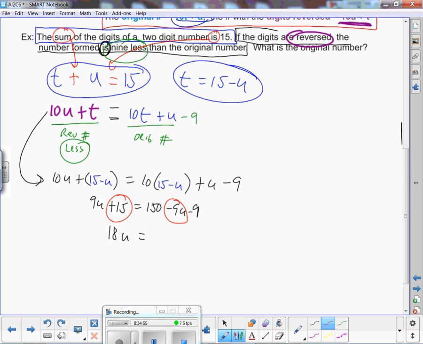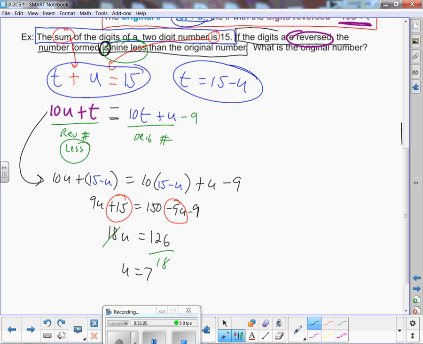Add a negative 15 to the right, plus the negative 9 is negative 24, plus the 150 is a 126. All right, let's finish off by moving that 18. And when you take 126 and divide it by 18, you get 7. Okay, I just found out that the units digit is 7. So this number's like 97, 87, 77, 67, 57, 47, etc.